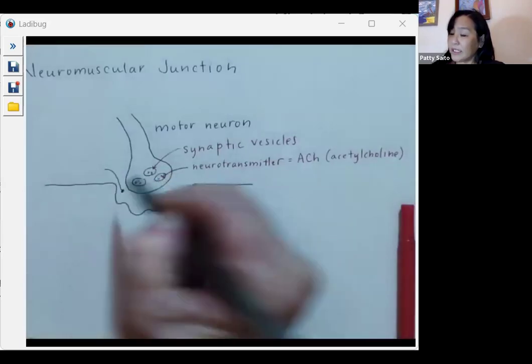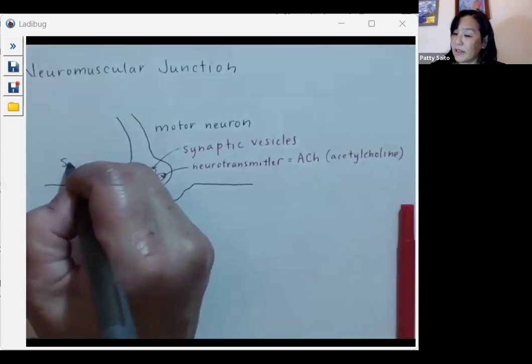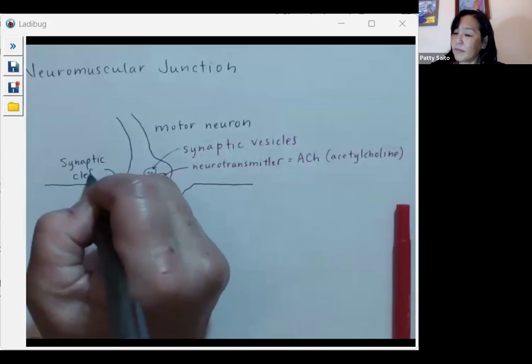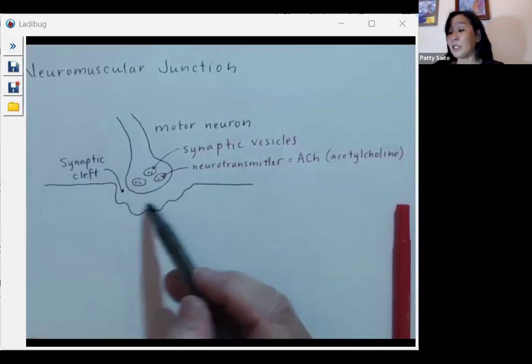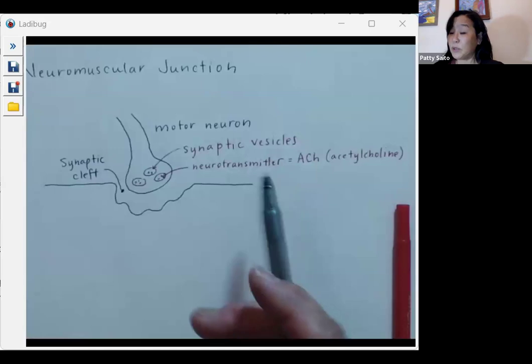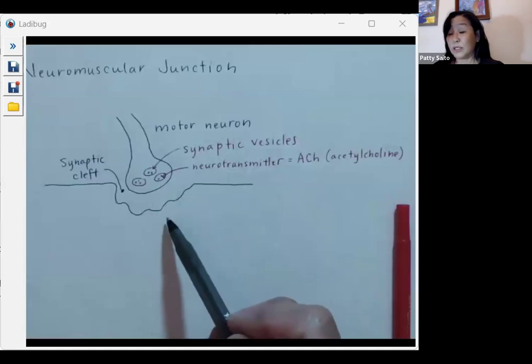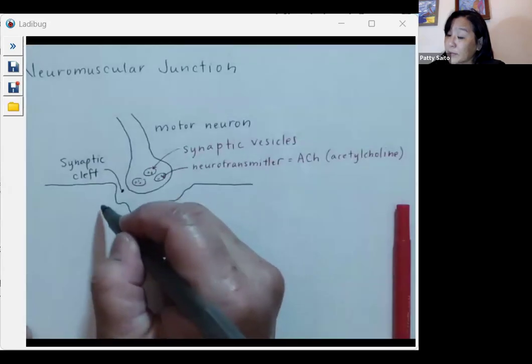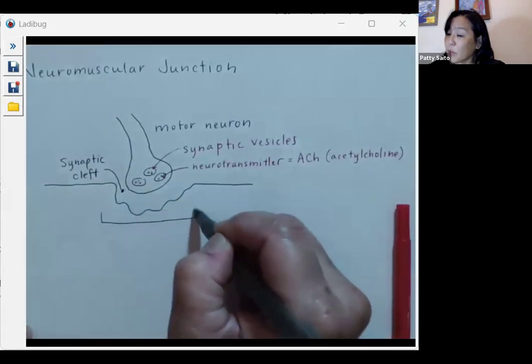All right. Now we have this space here. This space is called the synaptic cleft. The synaptic cleft is just a little space between the neuron and the muscle surface. This muscle surface is called a motor end plate.